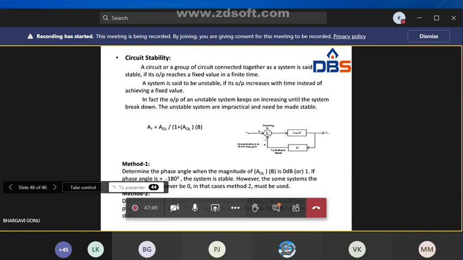A system is said to be unstable if its output increases with time instead of achieving a fixed value. So that system is called an unstable system. In a stable system, the output reaches a fixed value in a finite time. So that is circuit stability.